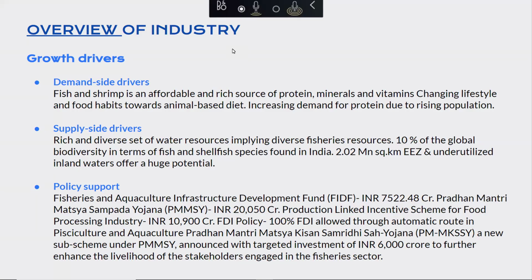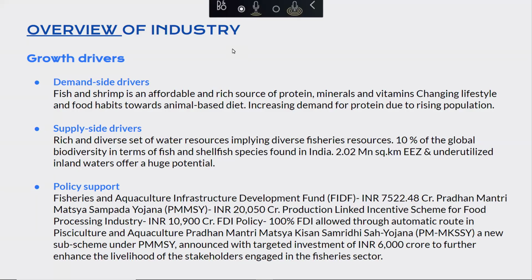Beyond this, even the government has introduced various policies in recent years. The recent Pradhan Mantri Matsya Sampada Yojana is a production-linked incentive scheme for food processing, especially for the aquaculture industry.